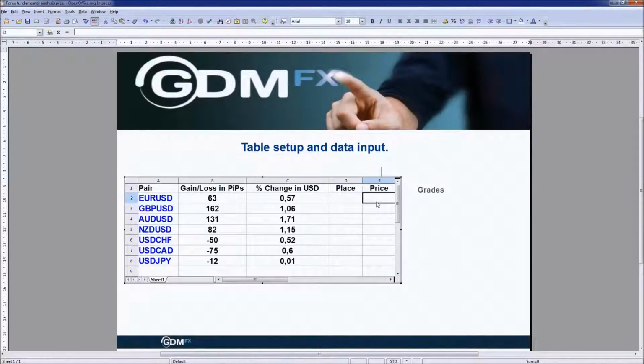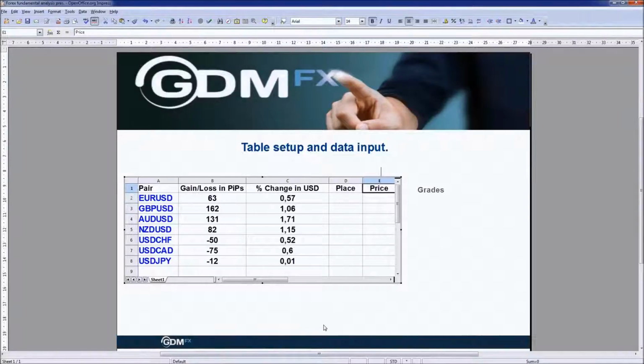Personally, I would get the gain and loss in pips first, and then open up my market watch on the MT4 and have a look at the current price. And of course, let's not forget the actual price that you're getting is the bid price or the sell price. That's very important for you to remember.